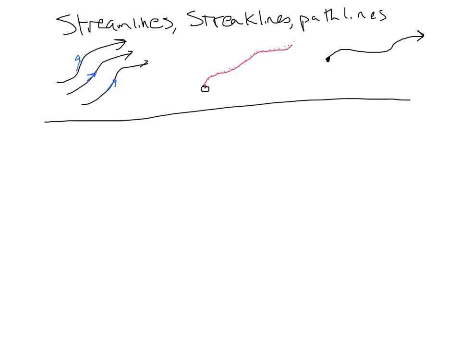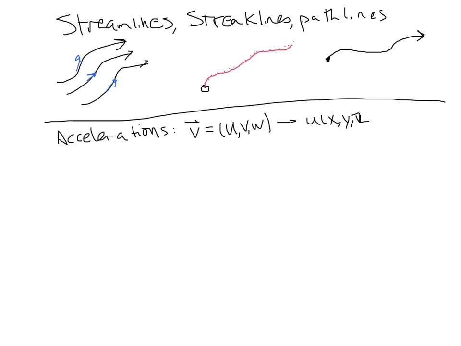Okay, the other topic that we covered in lecture today was accelerations. And in the accelerations, what we really need to focus on is the fact that the velocity field, the flow field of the fluid, is u, v, w, the three components of the velocity, and each of them is a function of space, so three spatial dimensions potentially, x, y, z, and time.